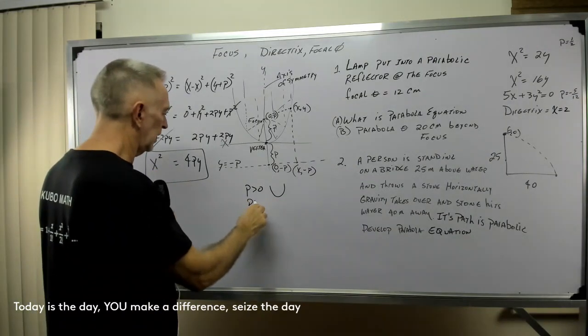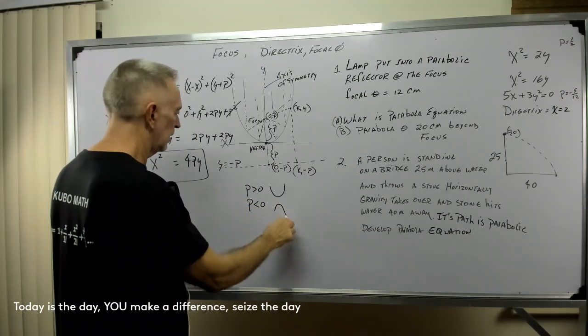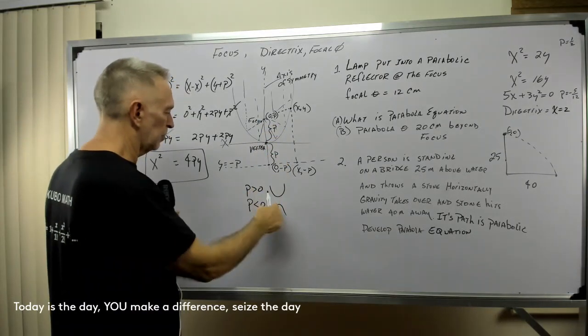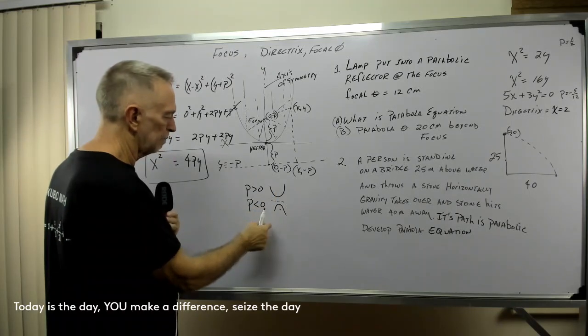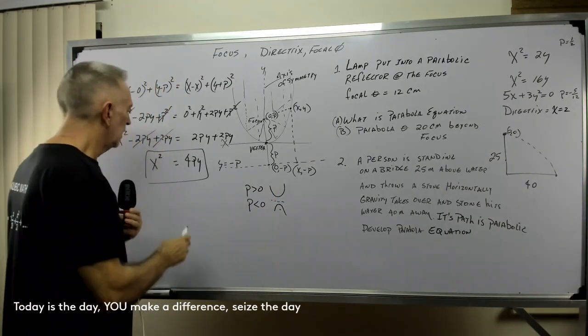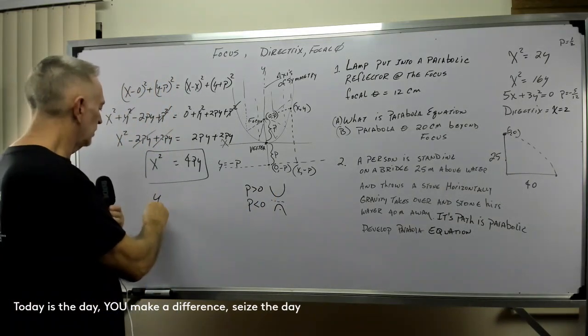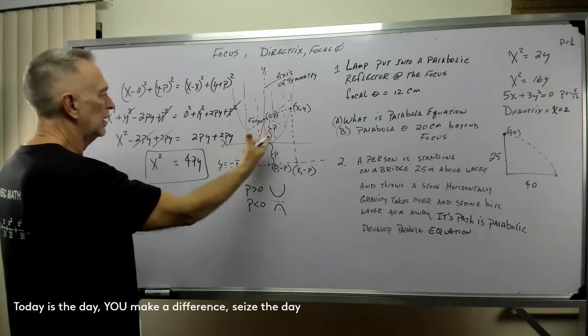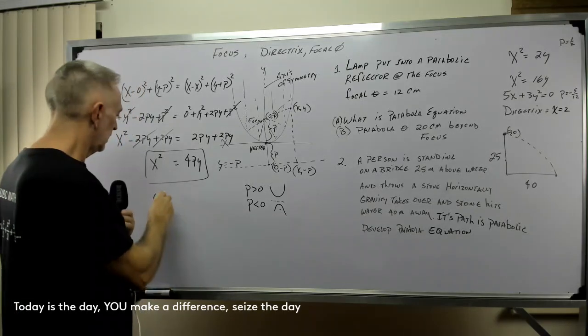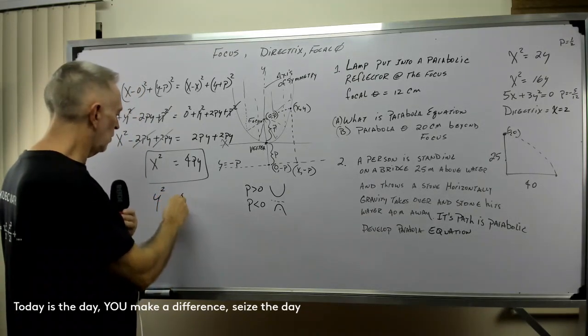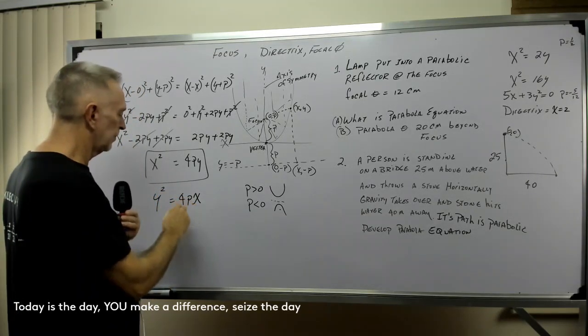If p is less than 0, obviously if p is a negative number, it turns down, the focus would be here, the directrix would be back there. Okay? Now there's another equation. If the parabolas turn left or right, it's y squared equals 4px.